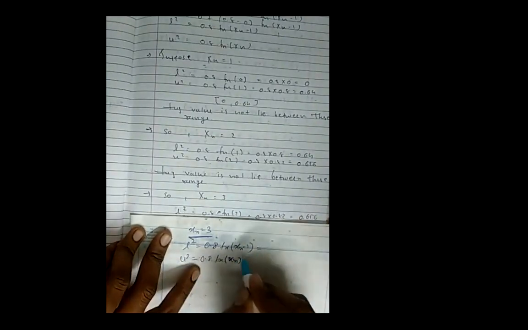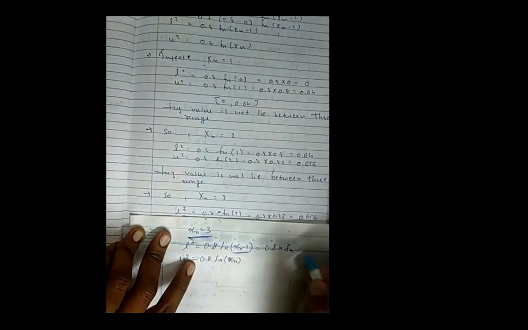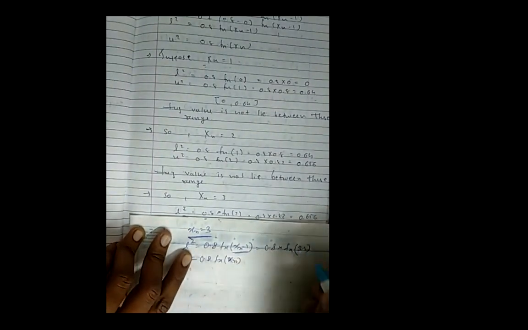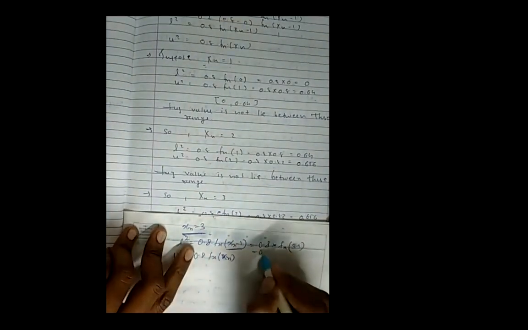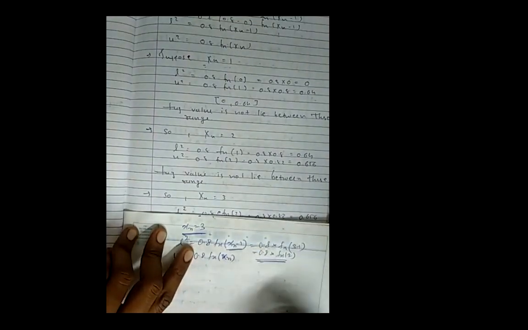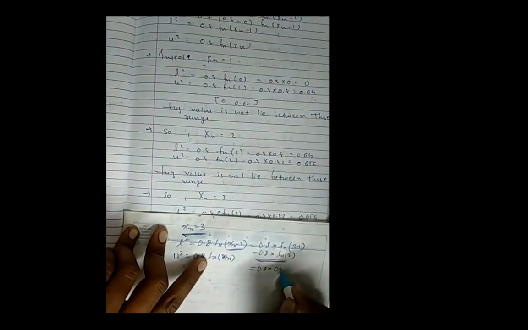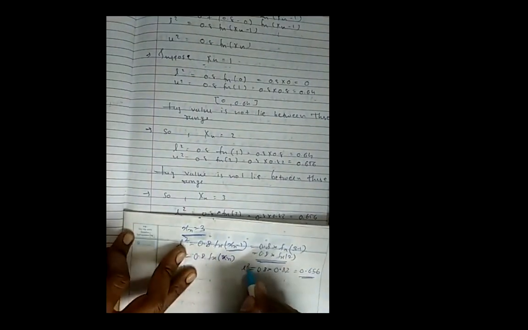Why? Because here the value of xn I have put is fx(3 minus 1), 0.8 into fx2. Here I have got this value, and if I calculate 0.8 into 0.82, it is giving me 0.656, which I calculated earlier, which is the value of L2.